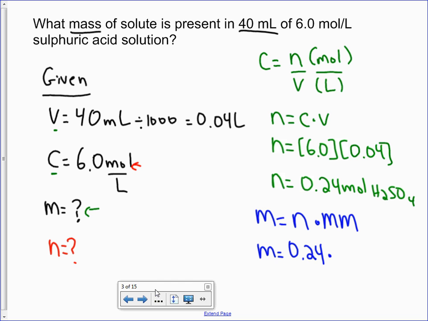We'll multiply that by the molar mass, which is 98.09 grams per mole. And that will give us a mass of 20 grams when we round for significant digits. So that is the first example question in dealing with calculations involving concentration.